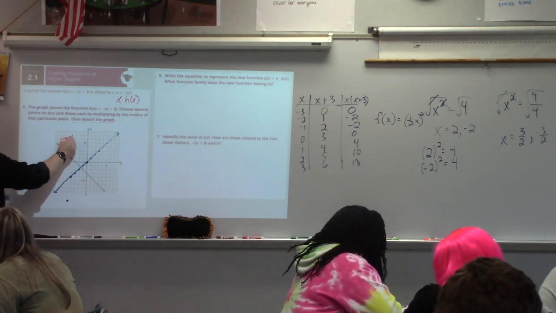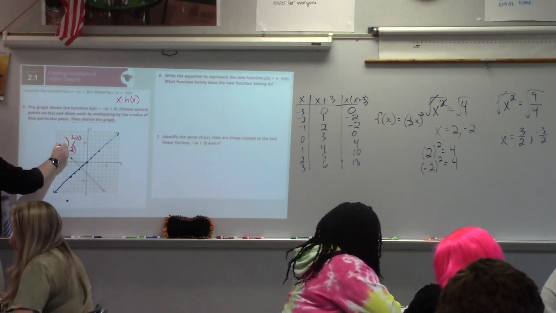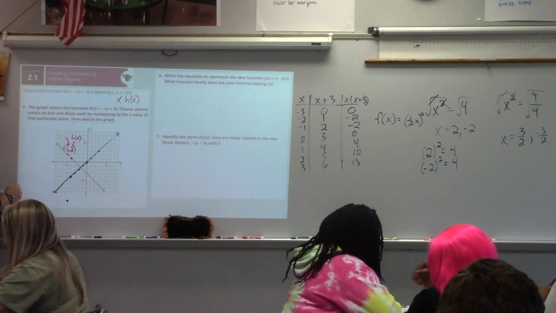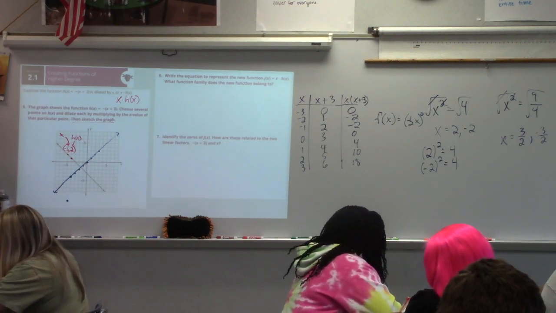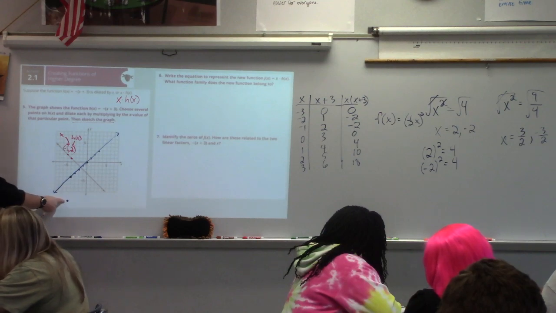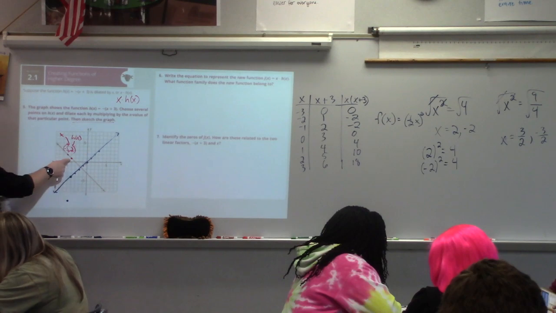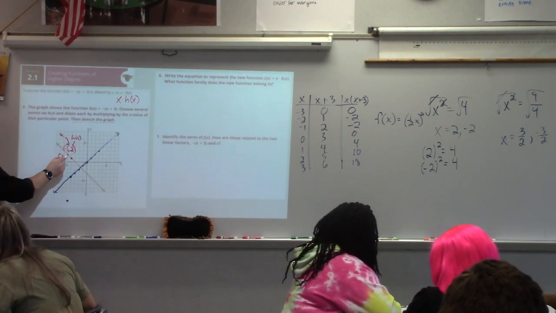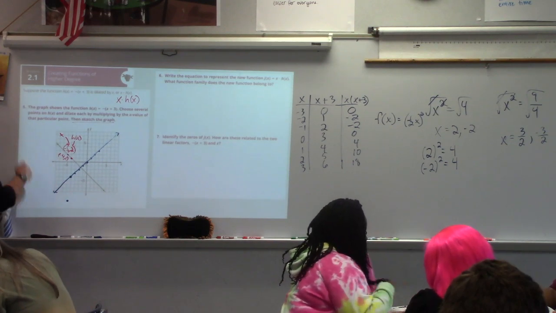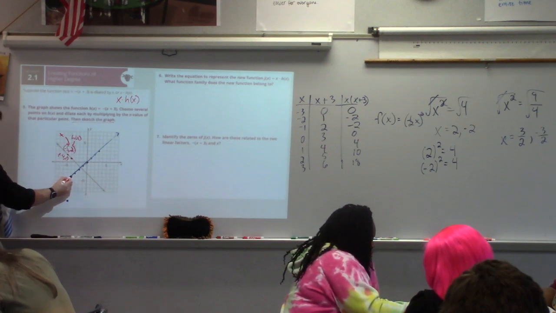Remember h of x is my y value, or the output. The -5 is the what? X. So, -5 times 2 is -10. So there's a point somewhere down here. What's this point? -4, 1. What's -4 times 1? -4. So the x value is -4, the y value is? -4. Boom.